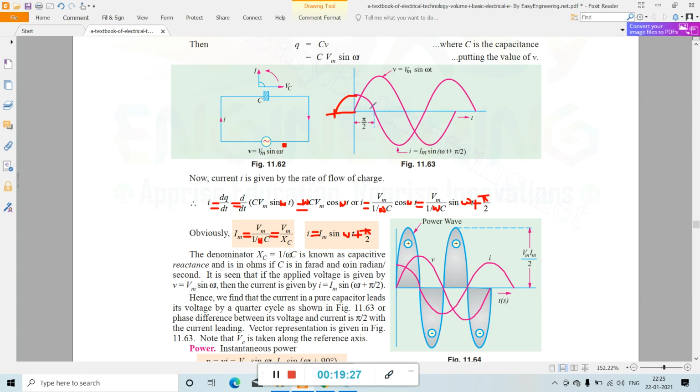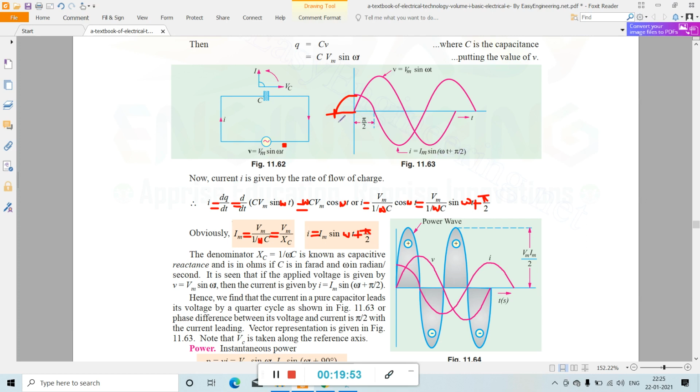This origin is ahead by 90 degrees. If this is the 0 position of V, then this should be the 0 position for I. So here I is Im sin omega t plus pi by 2.